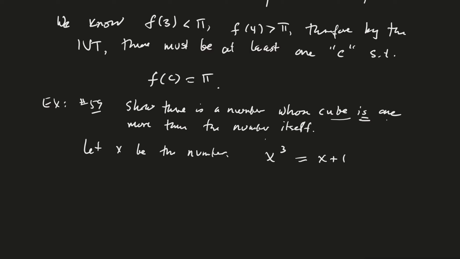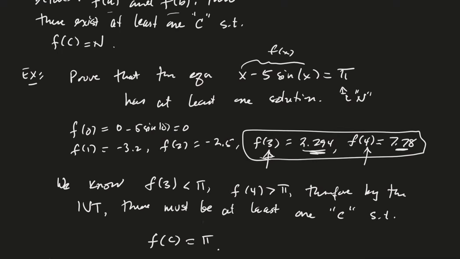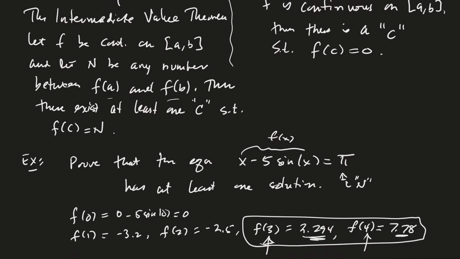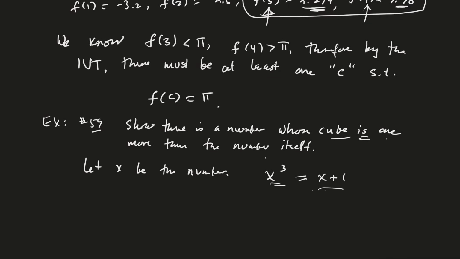Good. Now, if I have a function equal to a function like this, it makes it hard to directly use the intermediate value theorem, because the intermediate value theorem has your function equal to a number. And so rather than having function equal function, what we do is instead show there is a solution to the equation x cubed minus x minus 1 equals 0.